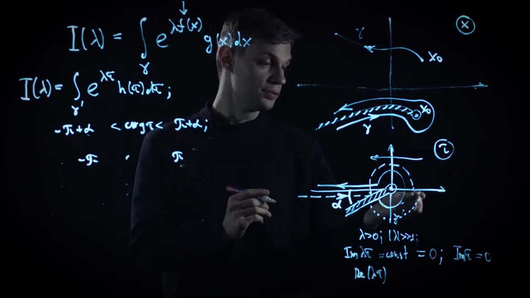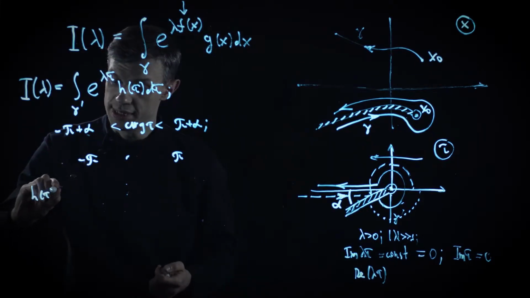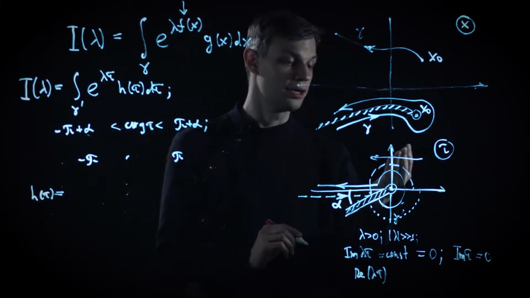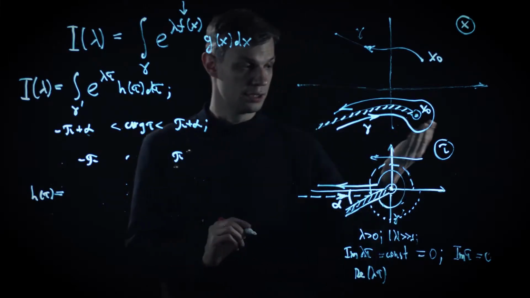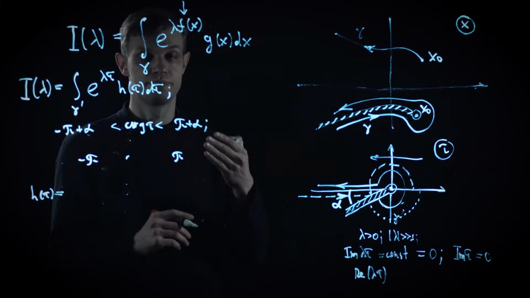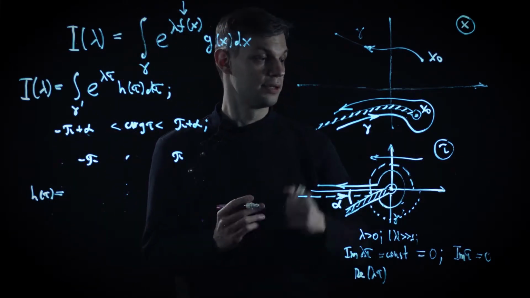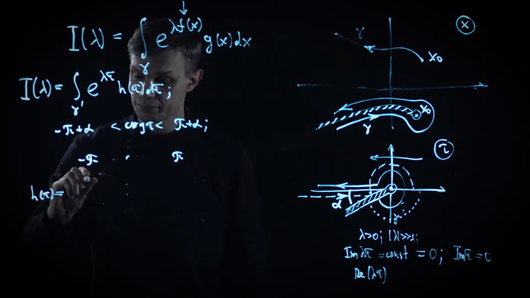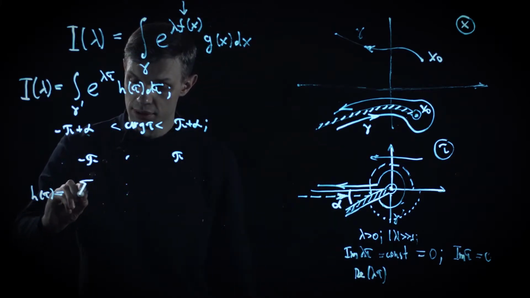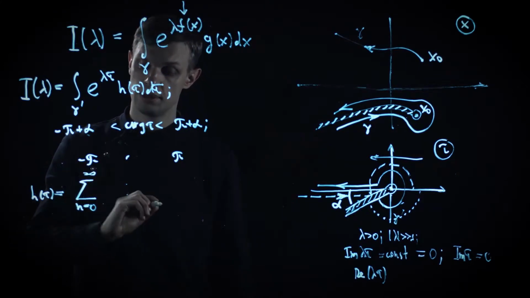And how do we perform the estimate? Well, we just realize that the crucial contribution comes from the origin in the tau complex plane. We expand our h of tau function, which is multi-valued, in the vicinity of the origin. The expansion in its most general form looks as follows.